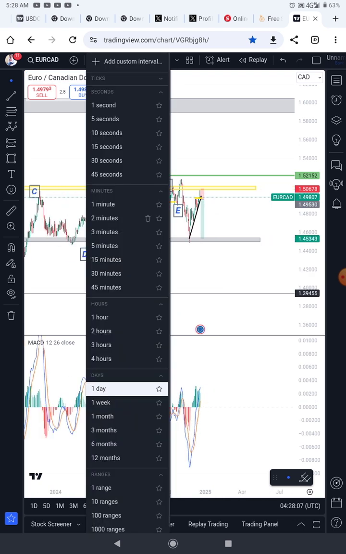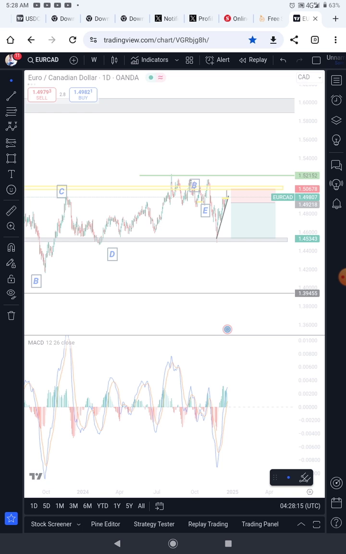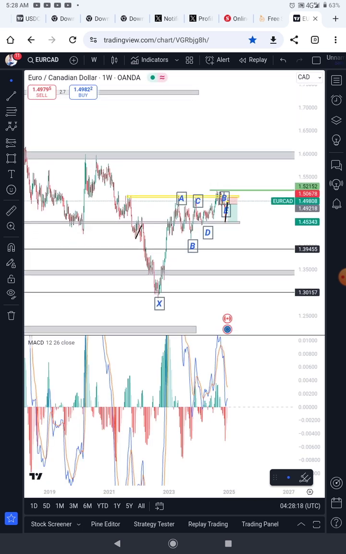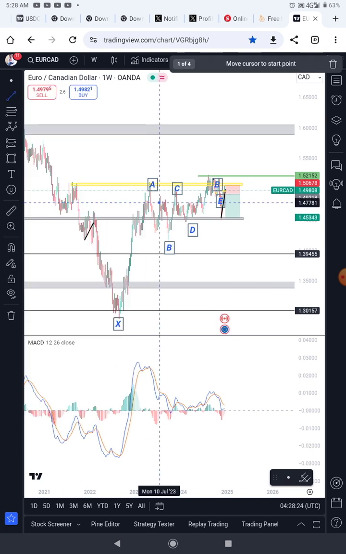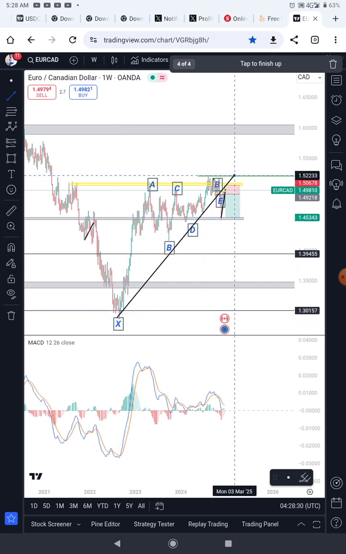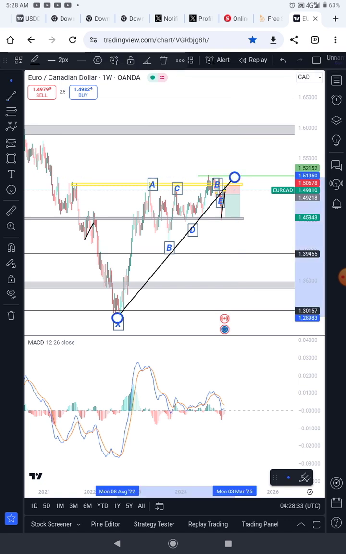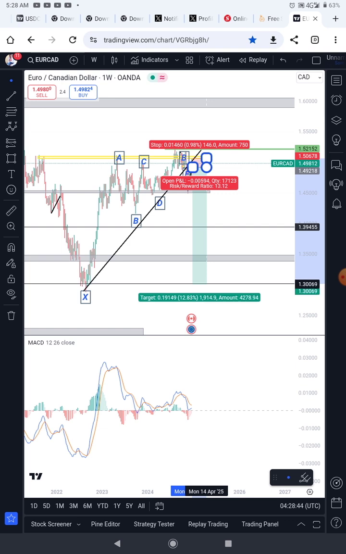But if you look at the overall perspective, it's a no-brainer, because remember, there's a bigger trend line playing out here which could pan out something like this. We're seeing a potential 1,900 pips.